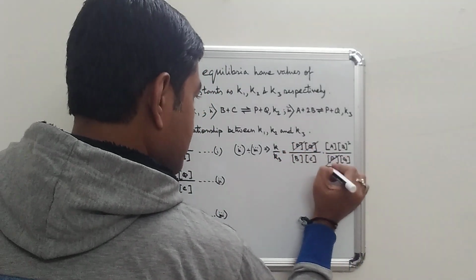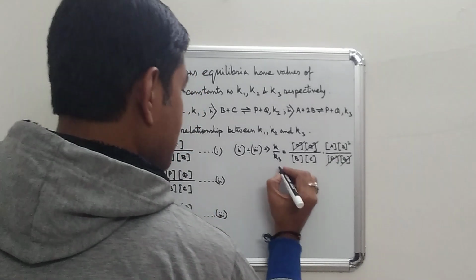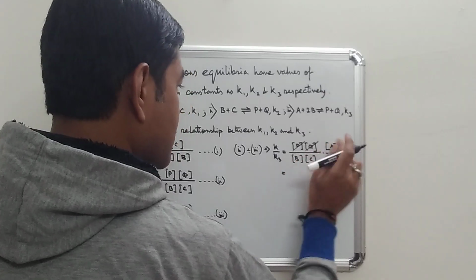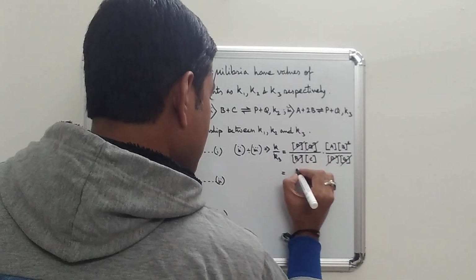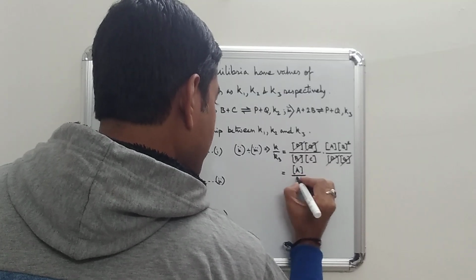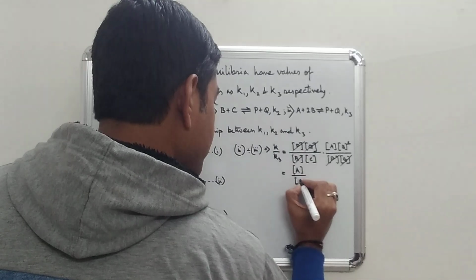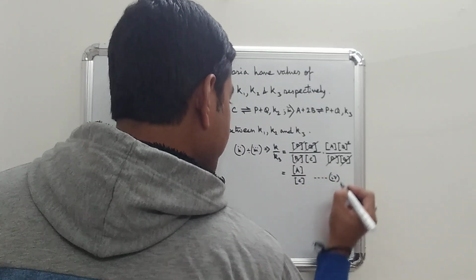Simply these terms are nullified, and one of the B terms will be nullified. So this will be concentration of A divided by concentration of C, that is relation 4.